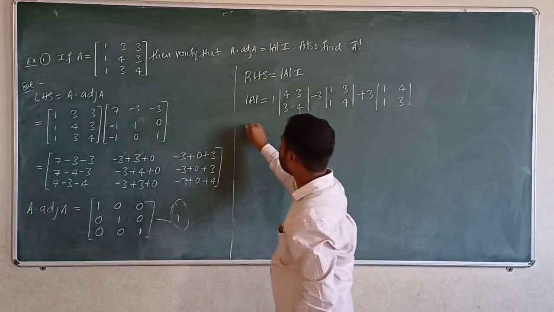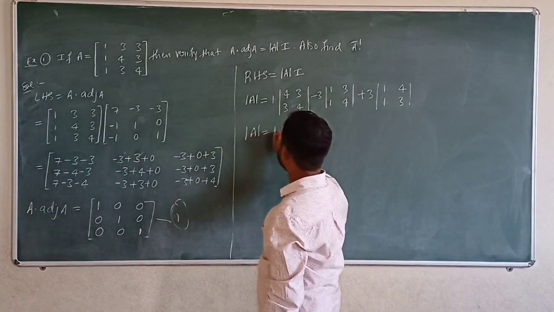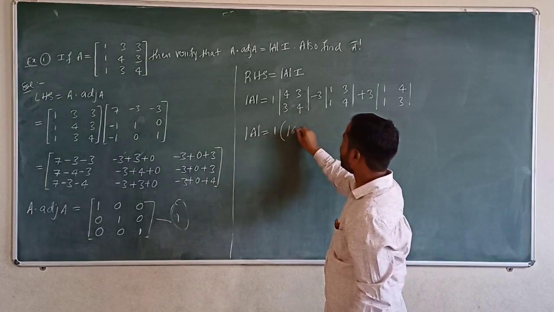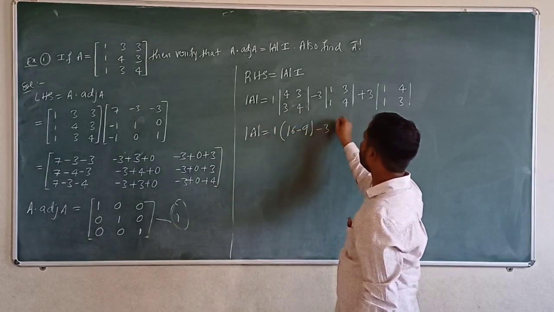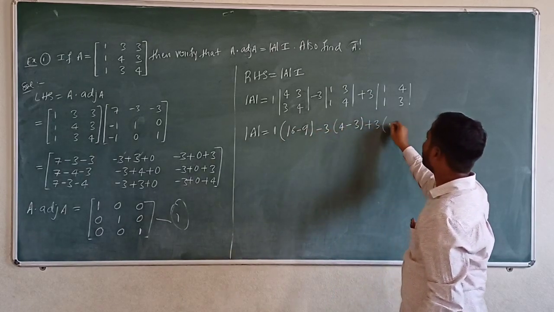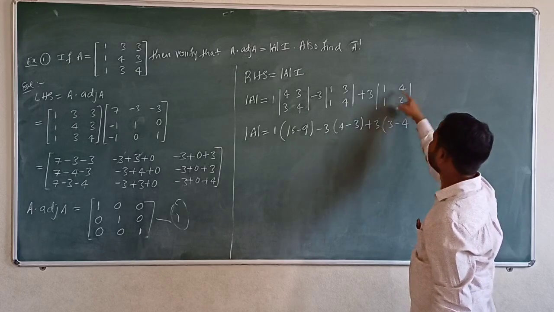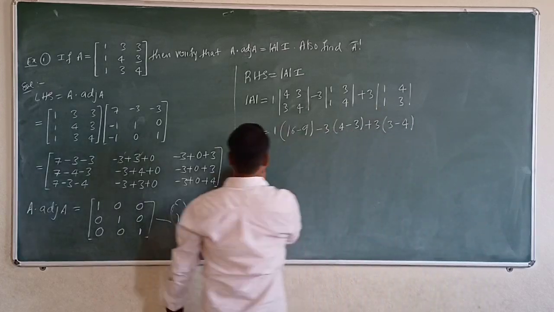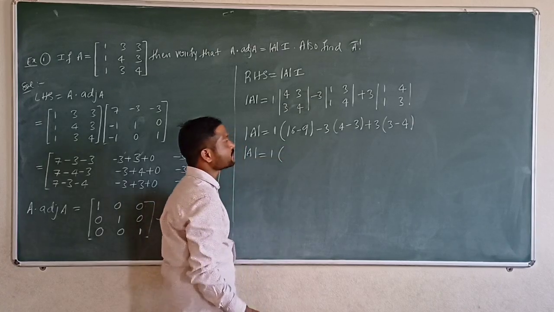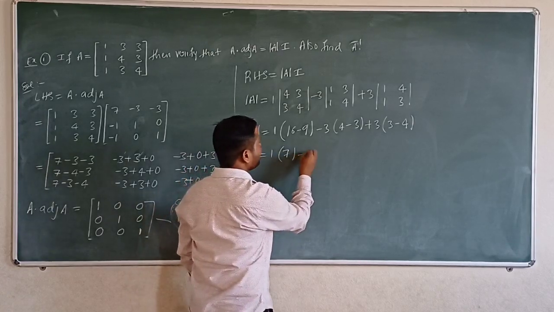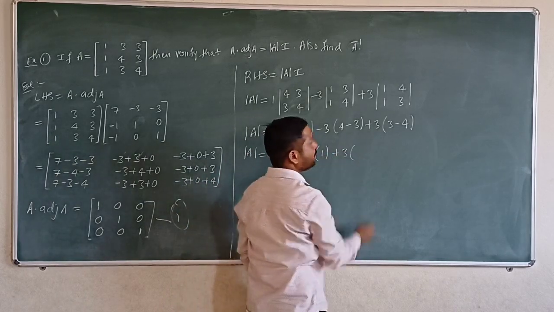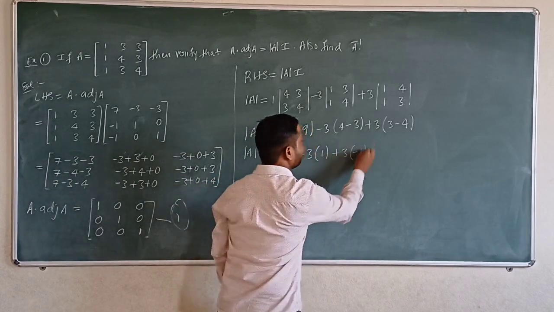Then determinant of A is equal to 1 into, simplify this one: 4 fours are 16 minus 3 threes are 9, minus 3 into 1 fours are 4 minus 1 threes are 3, plus 3 into 1 threes are 3 minus 1 fours are 4. Then determinant of A is 1 into 16 minus 9, 7, minus 3 into 4 minus 3, 1, plus 3 into 3 minus 4, minus 1.